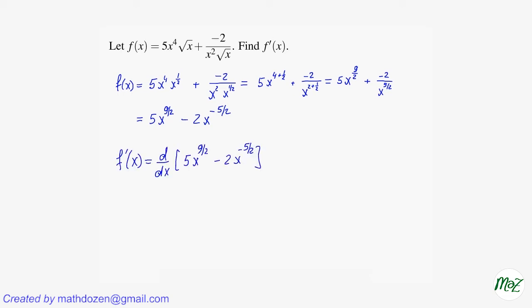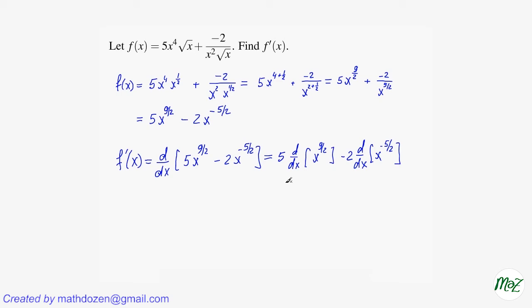For the derivative of this function, we're taking the derivative of the difference of two terms, splitting that into the difference of two derivatives, and then individual constants can be brought out.